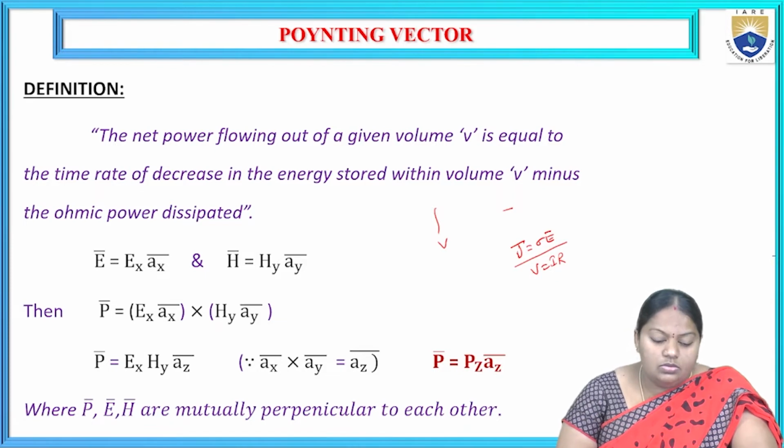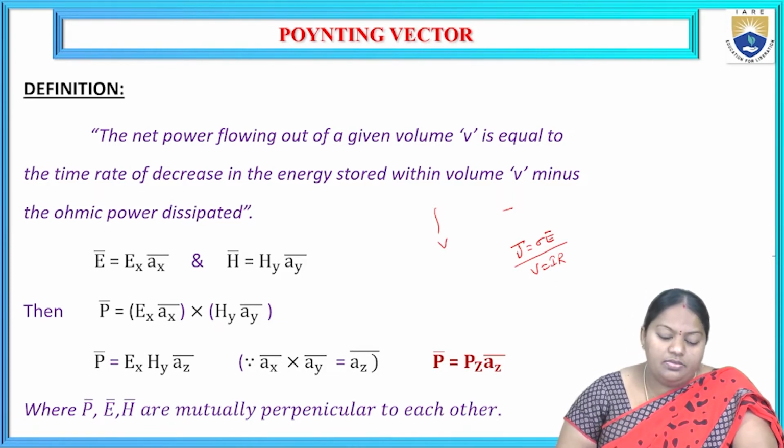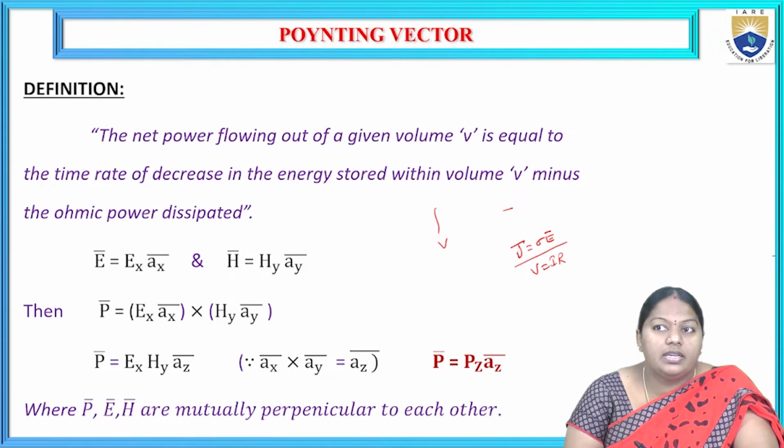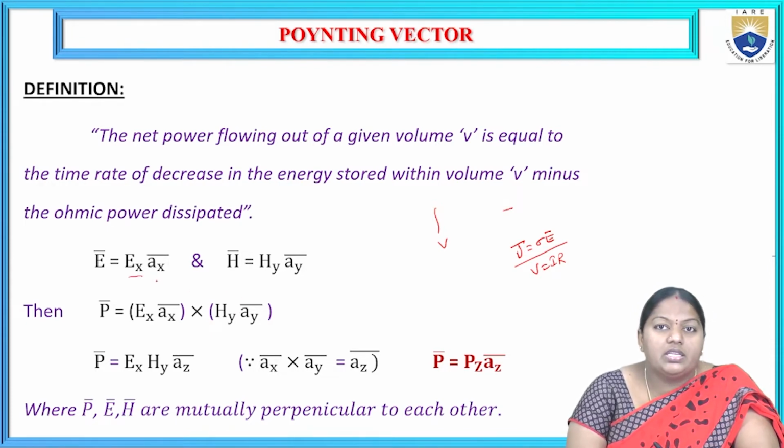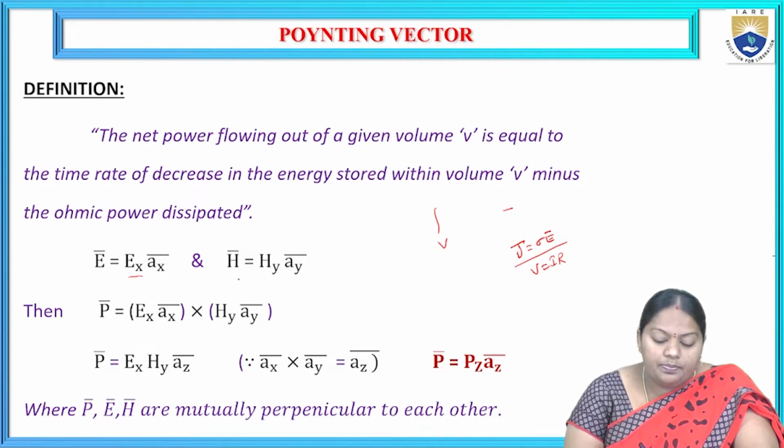Okay, so according to that statement, firstly, if we are assuming the electric field is in the x direction, with magnitude Ex and unit vector direction Ax bar, hence it is given by E bar, right? So vector E bar can be given by Ex into Ax bar, and H bar is given by Hy into Ay bar.